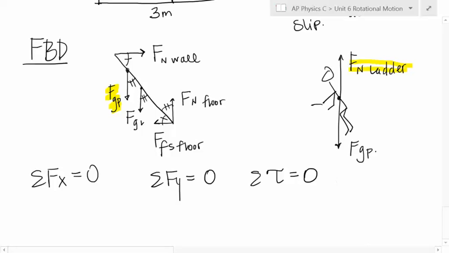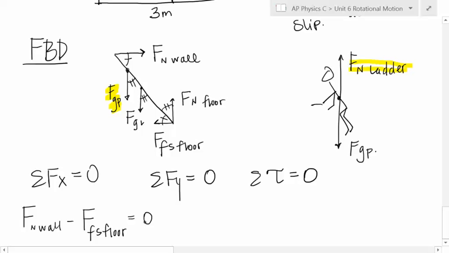All right, so in the x direction, we've got a force normal from the wall minus the force of static friction on the floor. Anything else in the x direction? Nope.